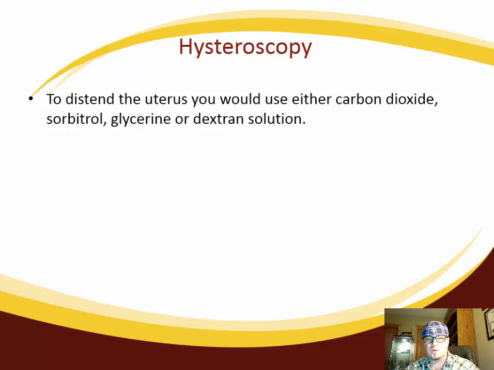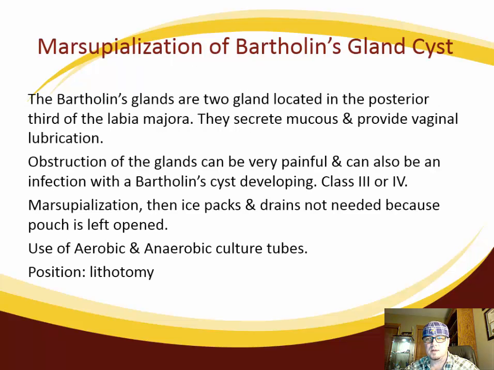Some useful weapons for distending the uterus are listed on the slide there. Marsupialization of a Bartholin's gland cyst. Now these, as we talked about in class, can be infected. So on that note, we may want to culture that, find out what's causing the infection.